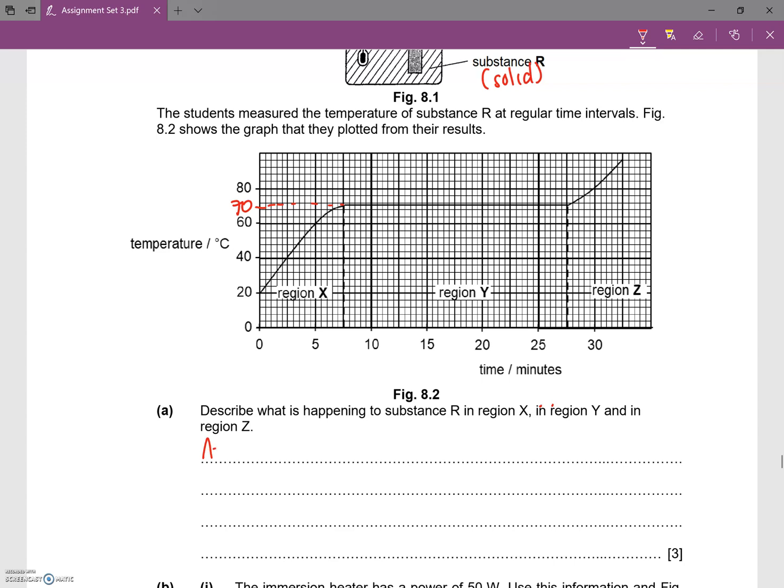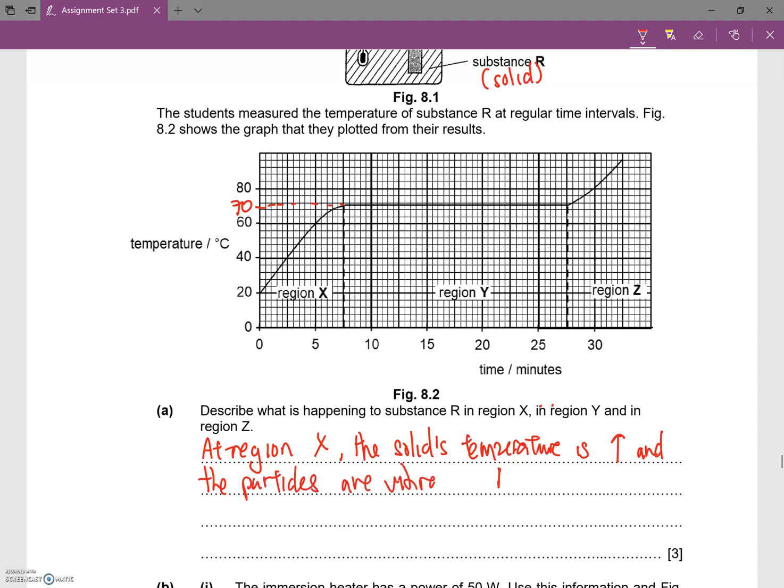So at region X, the solid temperature is increasing, and the particles are vibrating more vigorously.